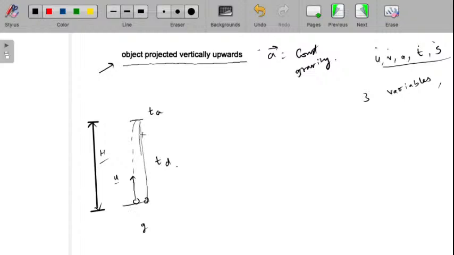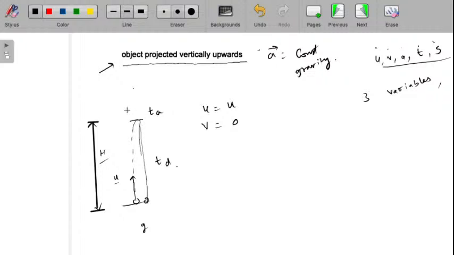The object has gone from here to the maximum height. So the initial velocity is u, and I want to find the final velocity. The final velocity at the maximum point is always 0. Why? Because the object is not going any further, which means the velocity here has to be 0.